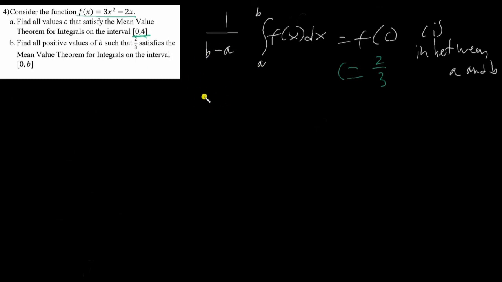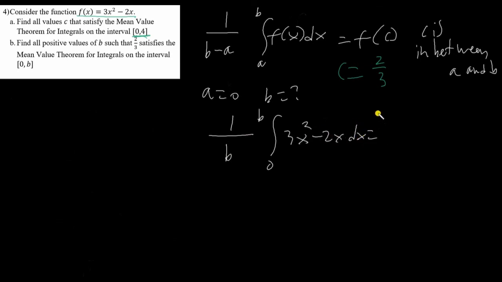So we still know that a is 0. We don't know b. So if I simplify this equation, I'll have 1 over b times the integral from 0 to b of 3x squared minus 2x dx. And then this is going to be equal to f of 2/3, because that gave us the value that satisfies the mean value theorem.